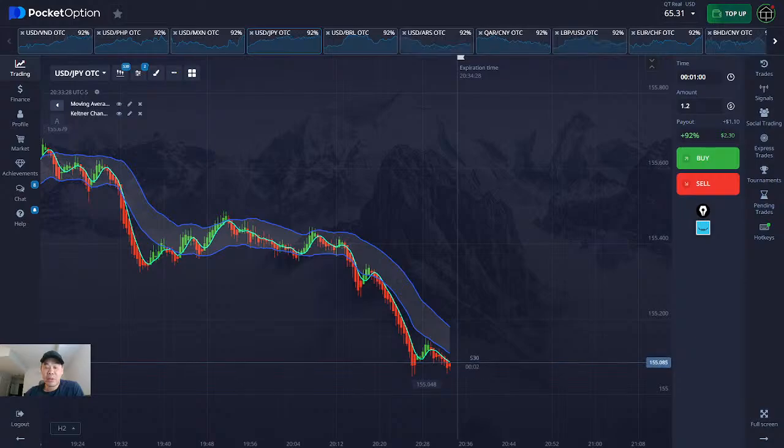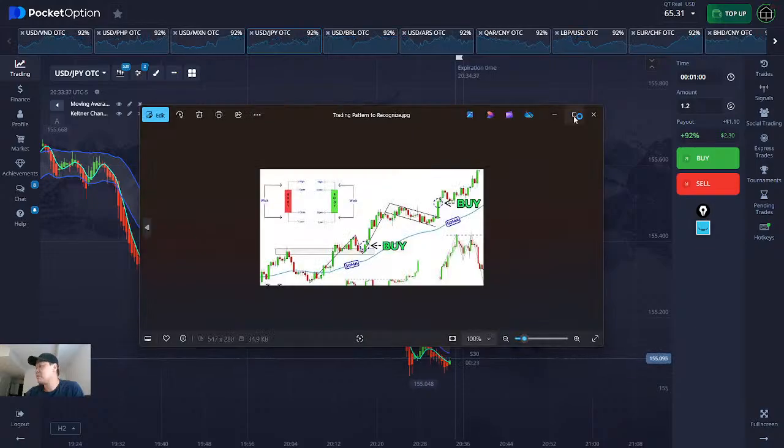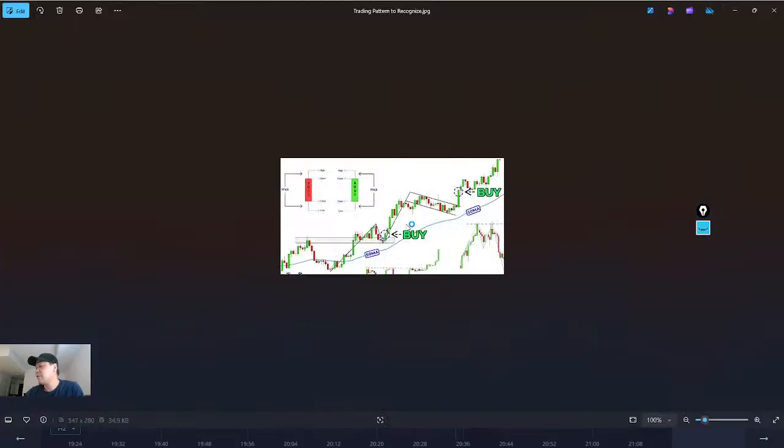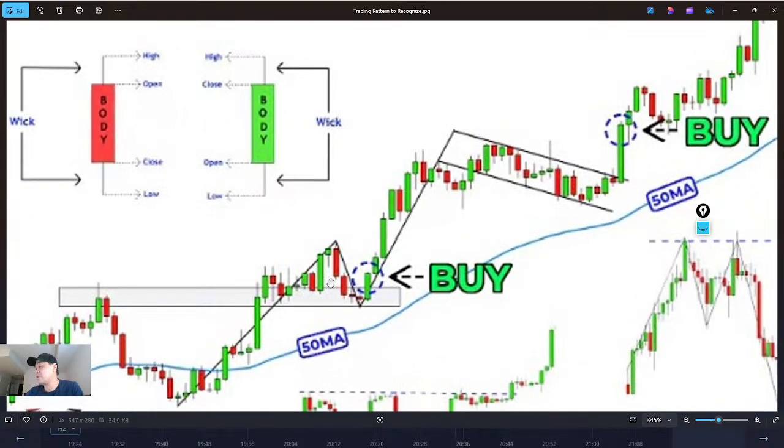So what am I looking for? Reversals. I look for either trend continuations or reversals, but I can focus today on trend continuation.